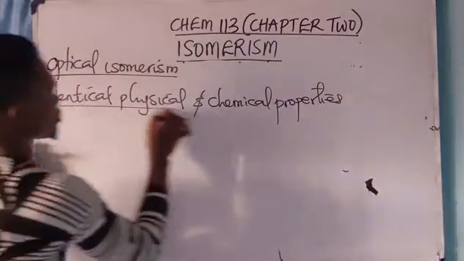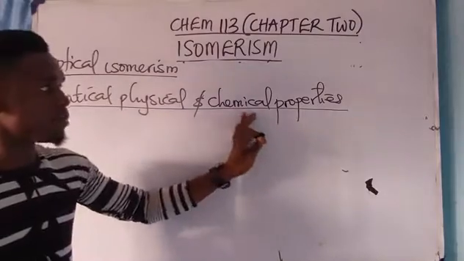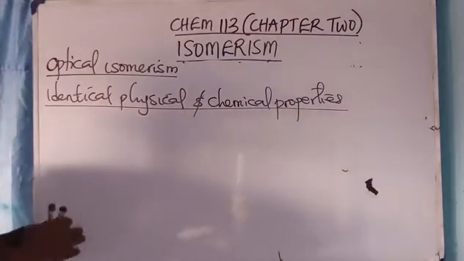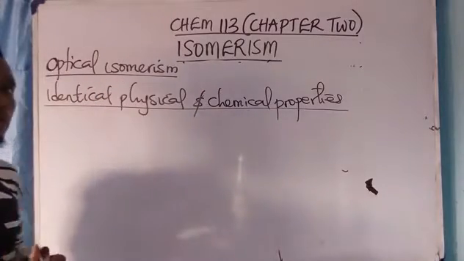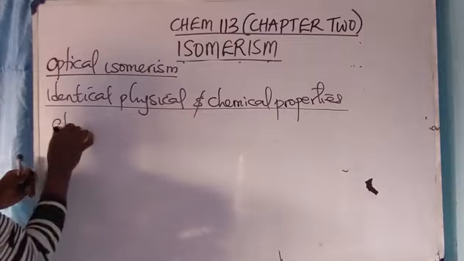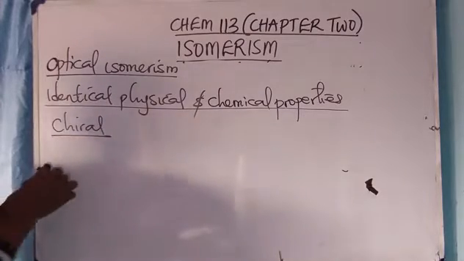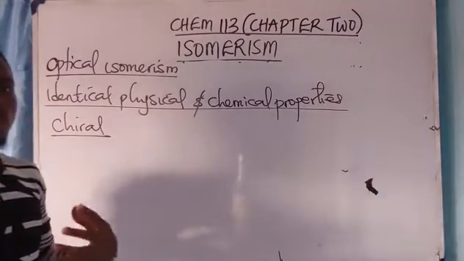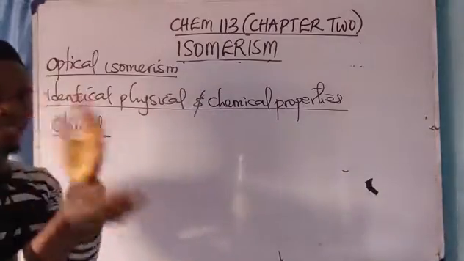Take note of that. But in geometric isomerism, they only have the same chemical properties but different physical properties. Now, for a compound to possess optical isomerism, such compound must possess a chiral ring. A chiral ring is a type of ring that joins to itself other substituents, and as such it can rotate easily.